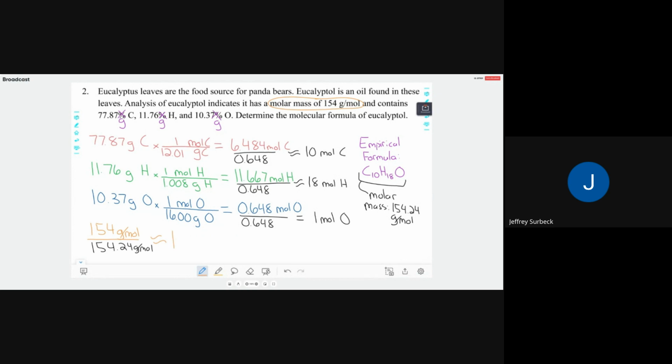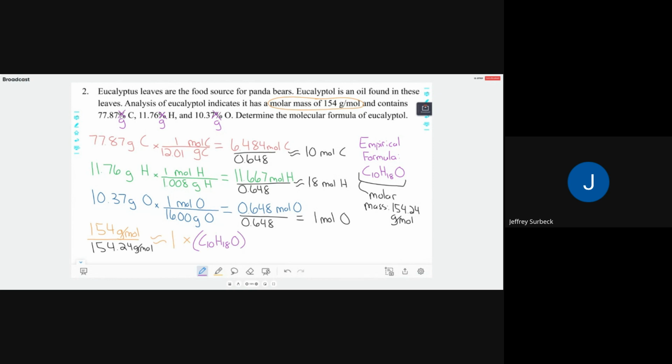Now, what that means is that you have to take the empirical formula and multiply everything by 1. And I know it seems ridiculous that I'm writing this down, but it shows you, hey, we use the given molar mass, we divided it by the empirical formula's molar mass, and we have to multiply everything by 1.